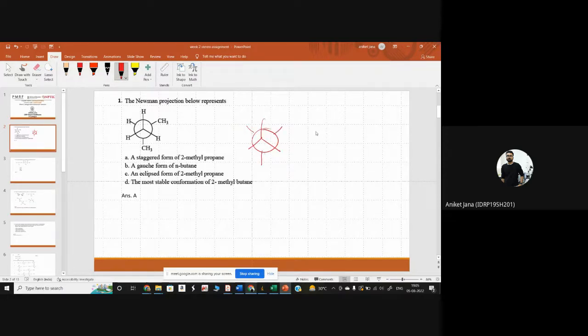Which form is this? Staggered form. Yes. And this one? Eclipsed. Yes. So the other options are not true, and this is the staggered form of 2-methylpropane, right? Any doubt, anybody?